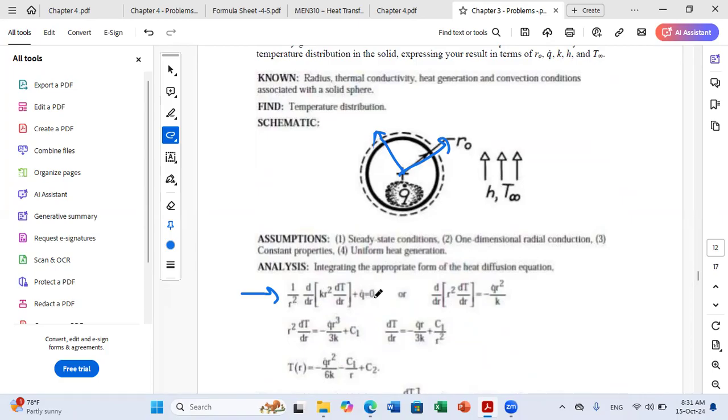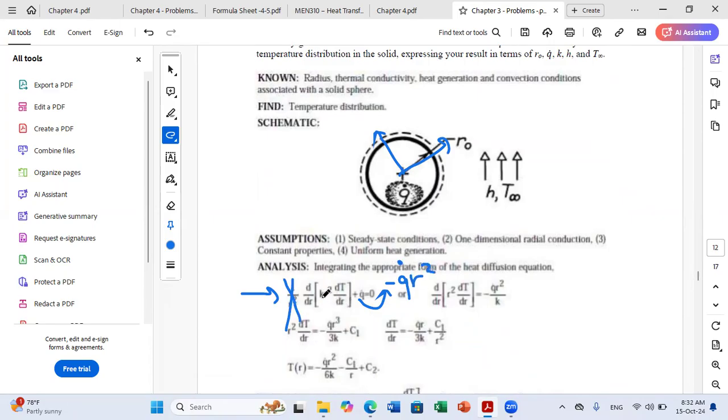Now all I have to do is to integrate this equation twice. For the first time, I take q dot to the other side, I get minus q dot. Then I multiply by r squared to be able to integrate, so I get minus q dot r squared.